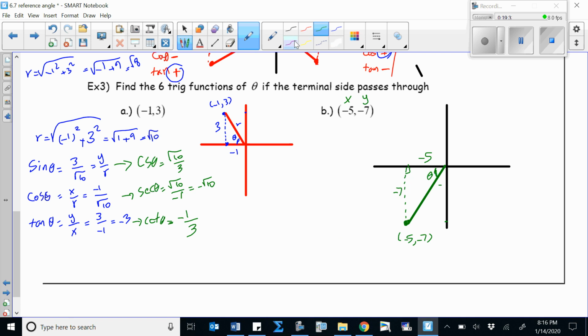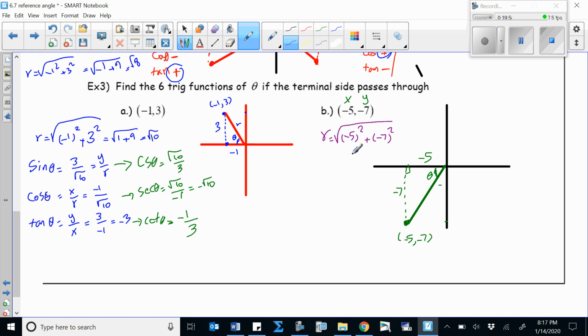Now I'm going to start finding the trig functions. First of all, I need to find r. R is going to be x squared plus y squared, and we take the square root of that. So this will be -5 squared. Notice again, I need to put both of the negatives in parentheses. Whenever you have a negative, you need to put that in parentheses.